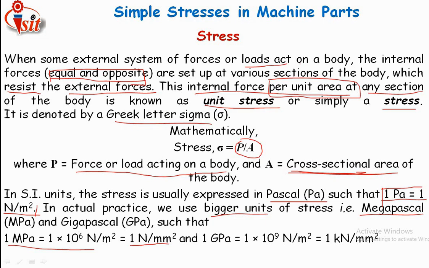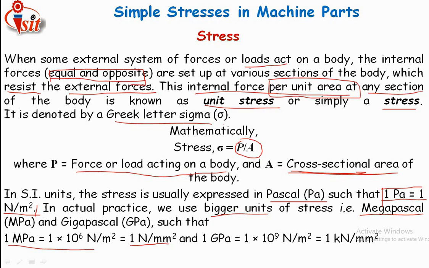Keep in mind, 1 Pascal is equal to 1 Newton per meter square, and 1 megapascal is equal to 1 into 10 raised to 6 Newton per meter square. These are the most important relationships, required at the time of solving the problems.